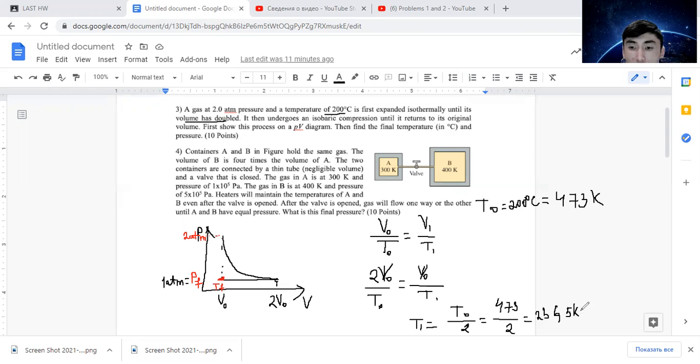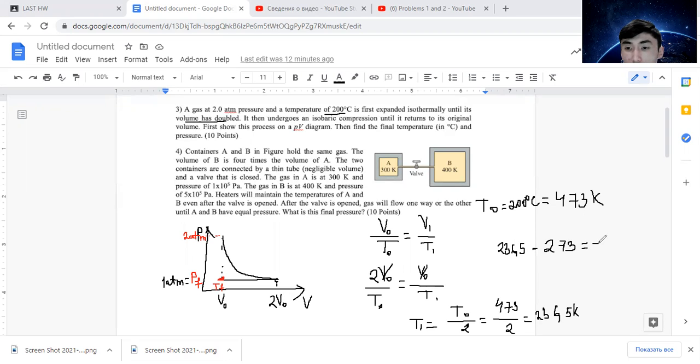Kelvin. And we need to convert it to Celsius. In Celsius will be here, right? 236.5 minus 273, right?